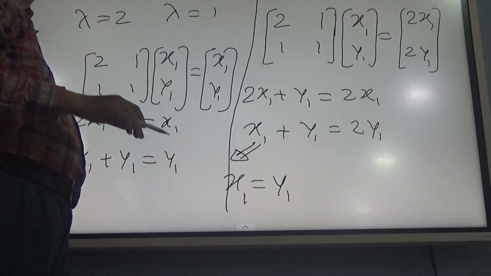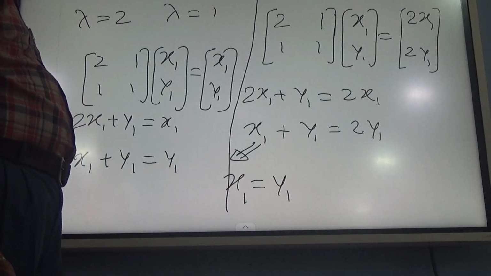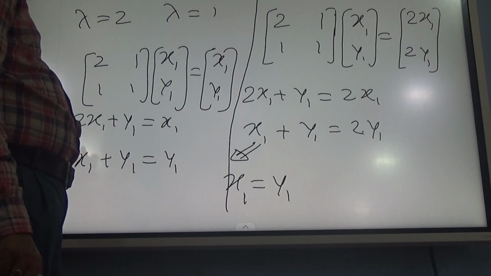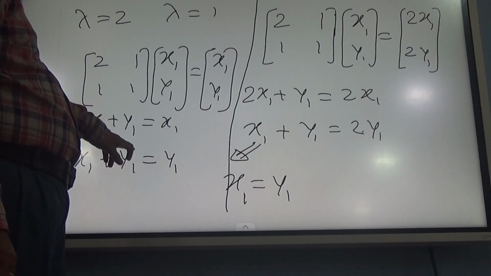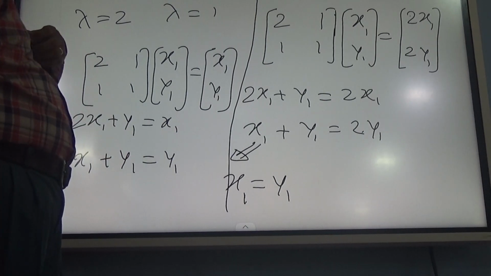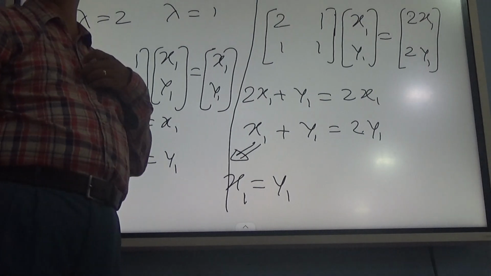So what do we get? Here x1 equals 0, and then what happens with y1? Again 0. Is it a non-zero solution?